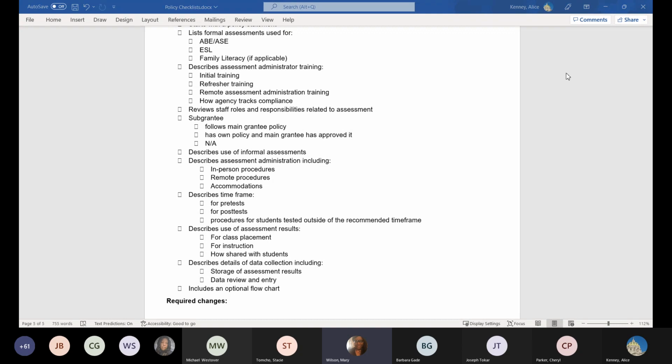And in addition to storage, who and how are these assessment results reviewed for accuracy prior to entering the results into eData? And when does this review take place?